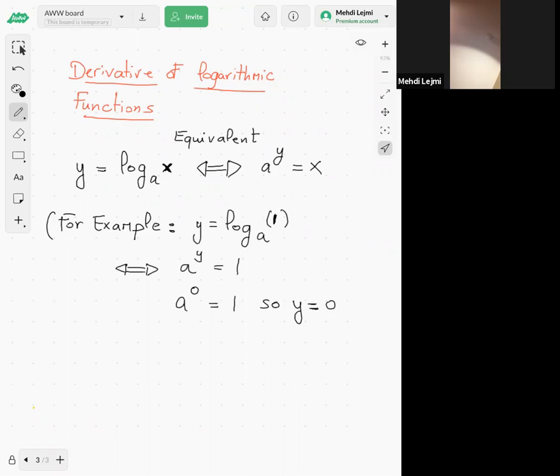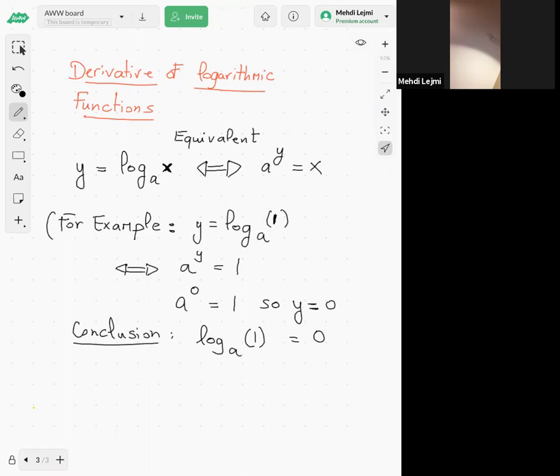So the conclusion is that log in base a of 1 is equal to 0. Actually, log of 1 in any base is 0, right?